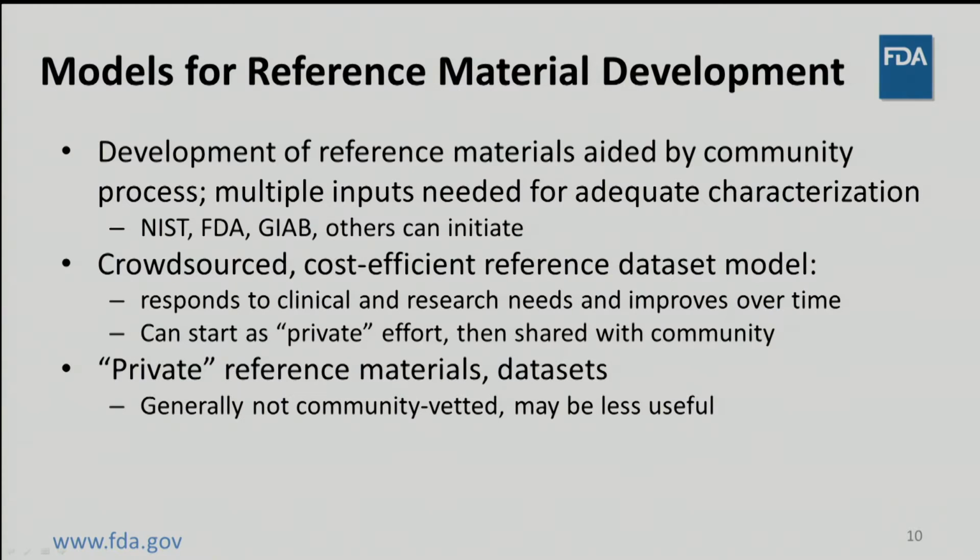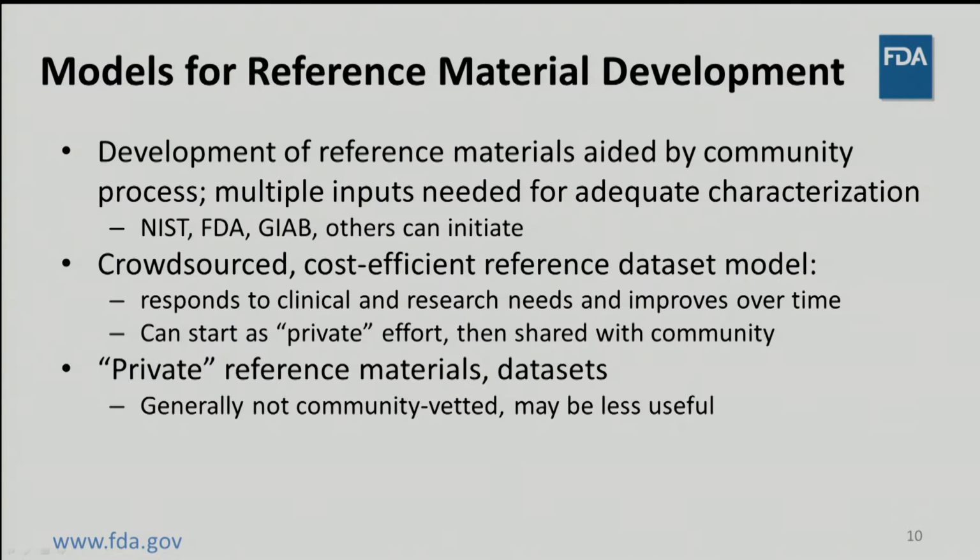This helps us to more quickly develop materials that respond to clinical and research needs and drives improvement in data sets over time as we learn more about why certain genomic sequences are hard to establish and get more and more data sets that help to correct errors in earlier iterations. This model can also start as a private effort that is then open to the community for input.